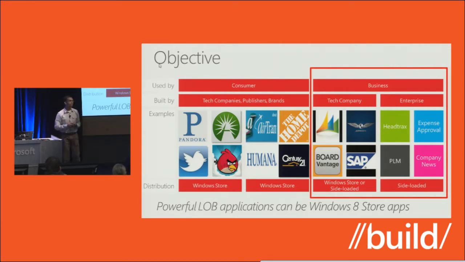The way essentially we had done this was we had this first overview session, the one I'm repeating here, where my job is to convince you that yes, line of business applications can be Windows Store apps. And then we did another session immediately afterwards, the key technologies for line of business apps.